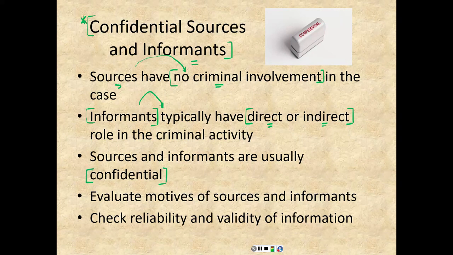And you always have to take a look, especially for informants: why are they informing? As a matter of fact, my same last name, Cohen, the attorney for Donald Trump, he was an informant.